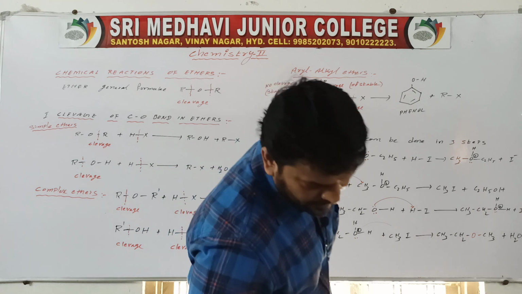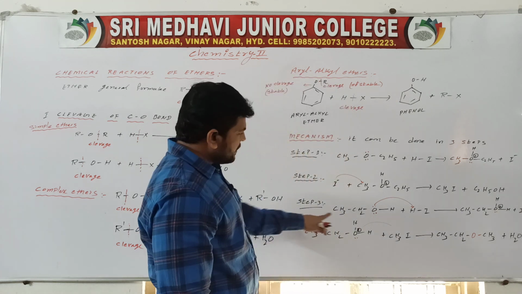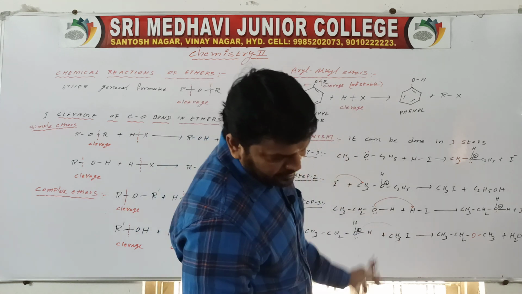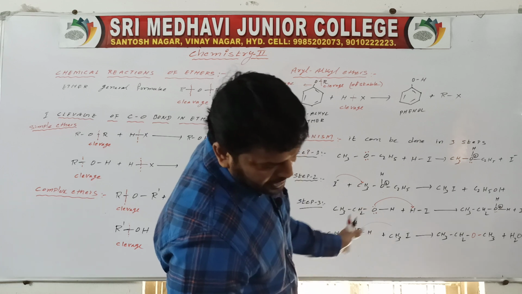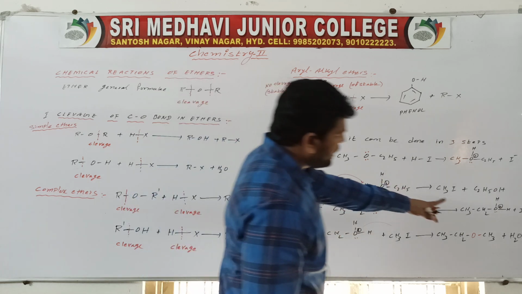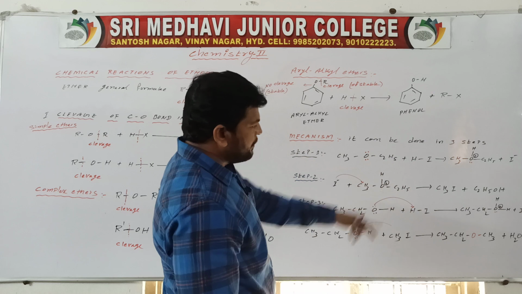In step 3, CH2CH3OH plus HI gives rise to CH2CH3OH2+ and I minus.